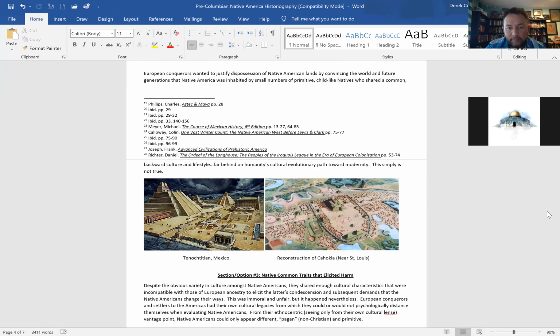And many of you have probably studied, or at least heard a little bit about, the Aztec in particular, and some of the civilizations just in Mesoamerica alone. And pretty impressive.